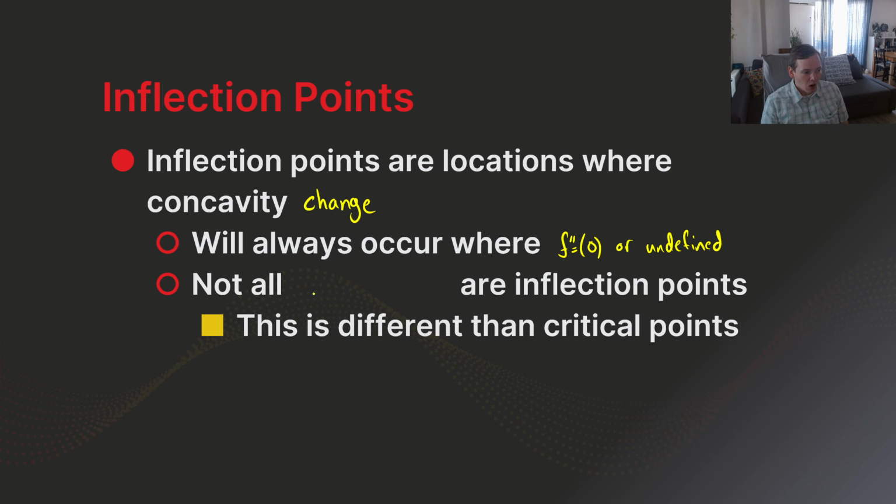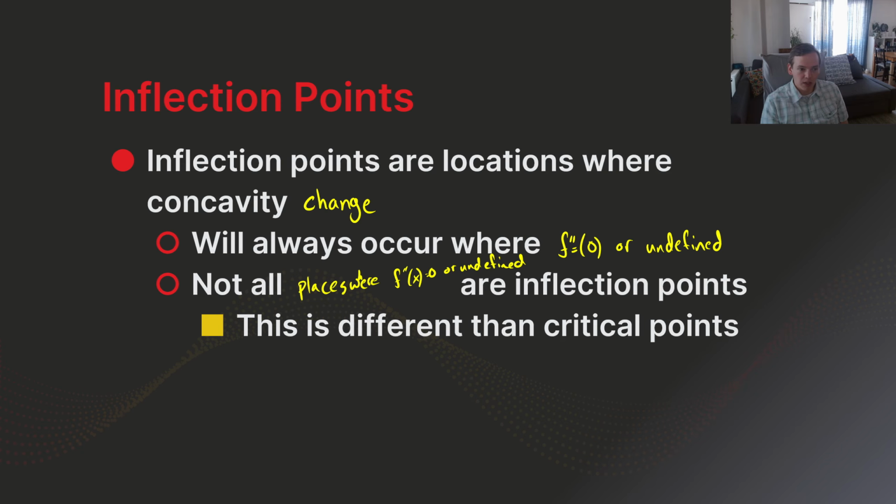So not all places where f double prime of x is equal to 0 or undefined are inflection points. If an inflection point exists, it has to occur at a place where the second derivative is 0 or undefined, but not all such places are inflection points.